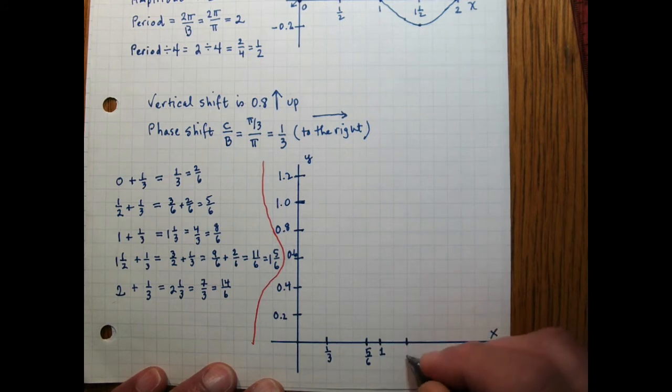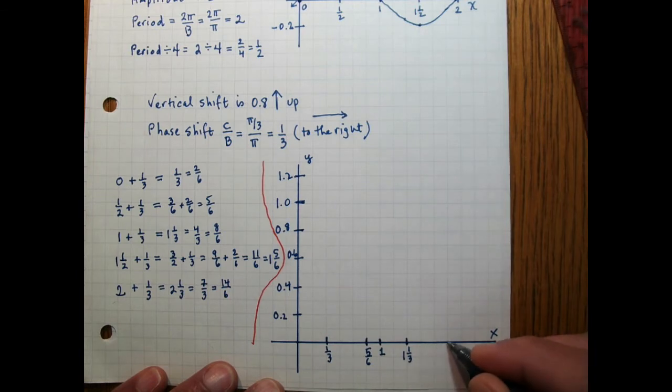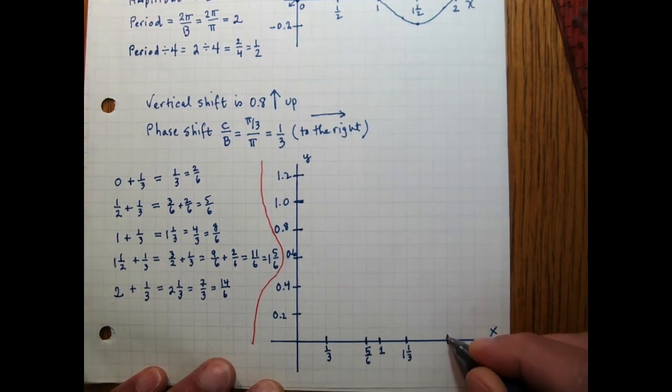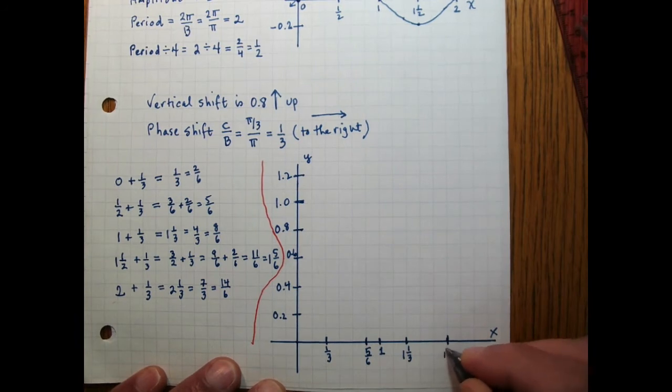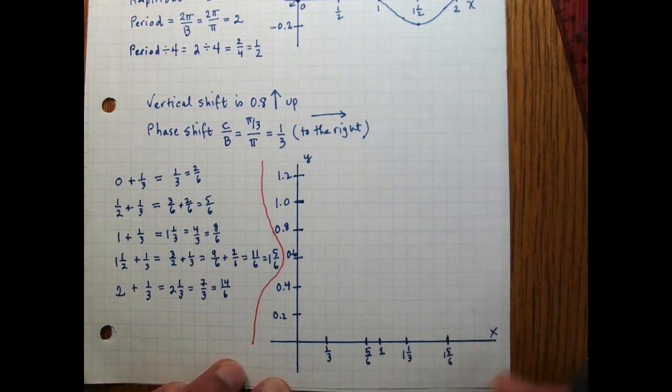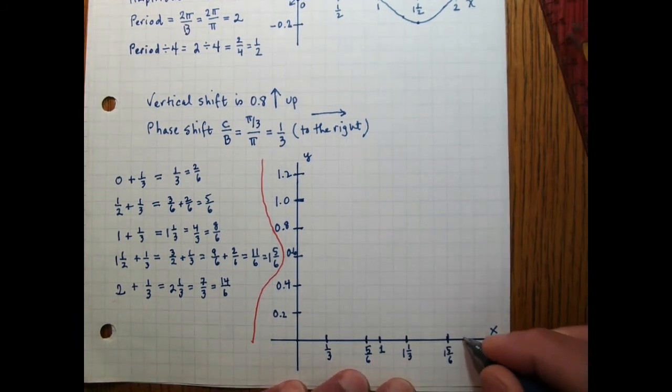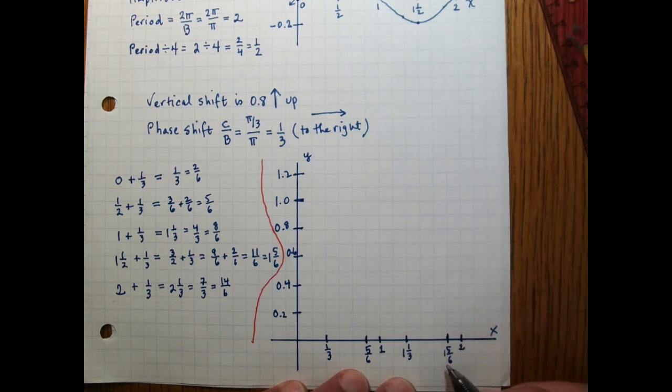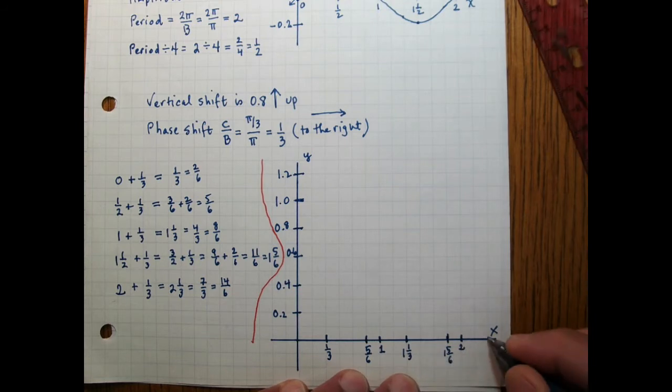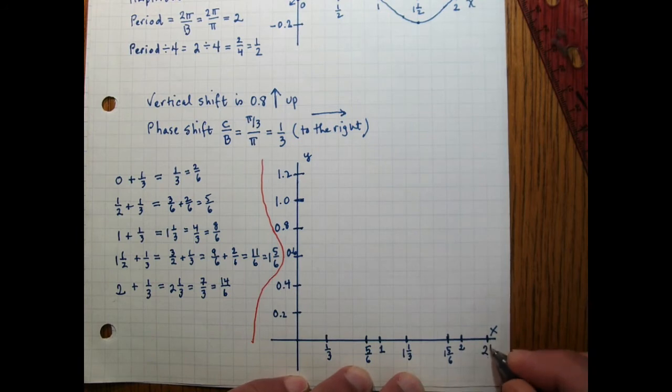There's my 8/6 or 1 1/3. 9, 10, 11/6. My 1 5/6. And 12/6, by the way, that's where 2 is, right? So let's see, that's 13, here's 14/6, or actually 2 1/3.